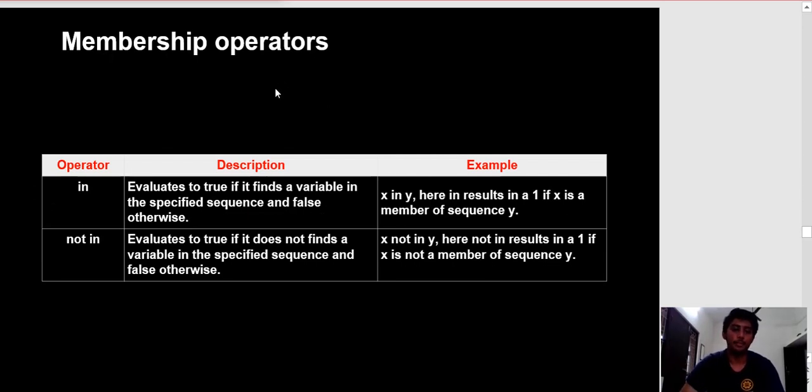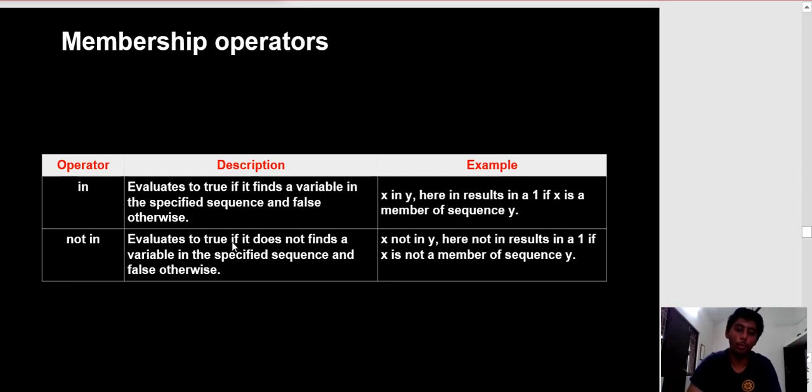Next we will see membership operator, it is in, not in. In operator evaluates to true if it finds a variable in the specified sequence and false otherwise, that is X in Y. Here in results in a 1 if X is a member of sequence Y.